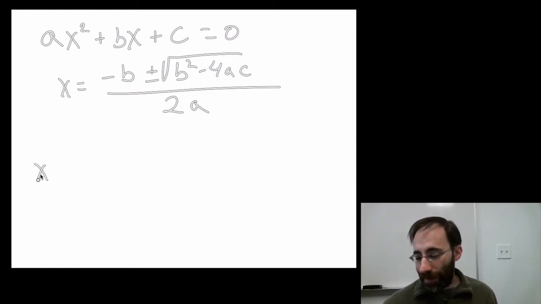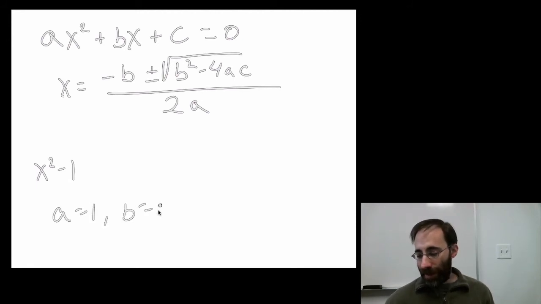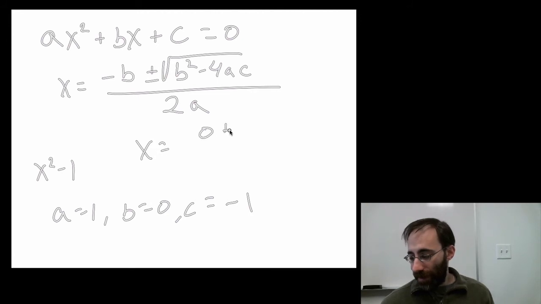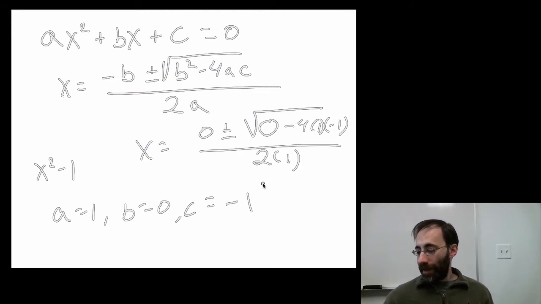So for instance, the example we did, if x squared minus 1 is our example, a is 1, b is 0, c equals negative 1. We can plug into the quadratic equation and get x equals 0 plus or minus the square root of 0 minus 4 times 1 times negative 1, over 2 times 1.